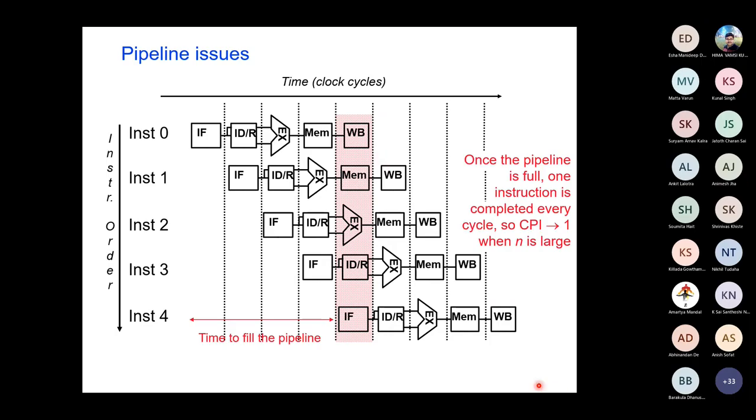See this emission rate. Therefore, CPI tends to 1, because the average number of clock cycles per instruction approaches 1 if you have a sufficiently large number of instructions. Isn't so? On average, CPI becomes low.